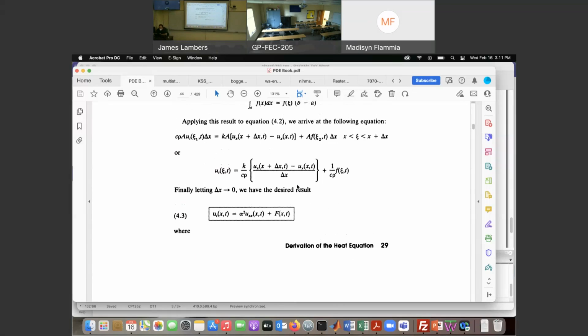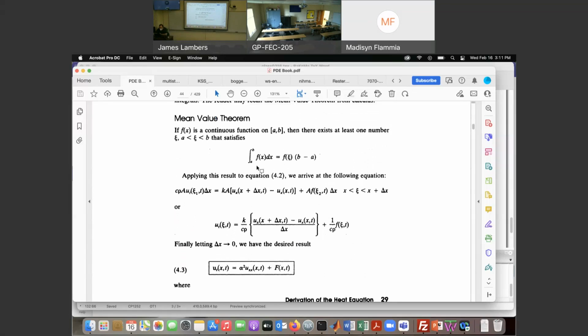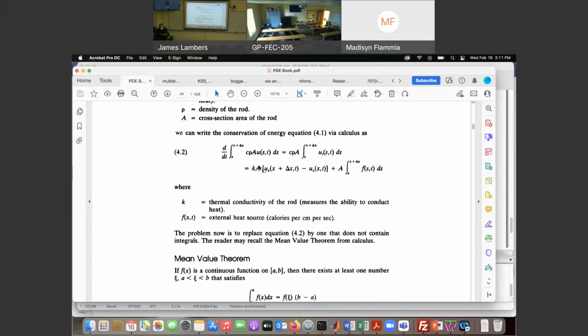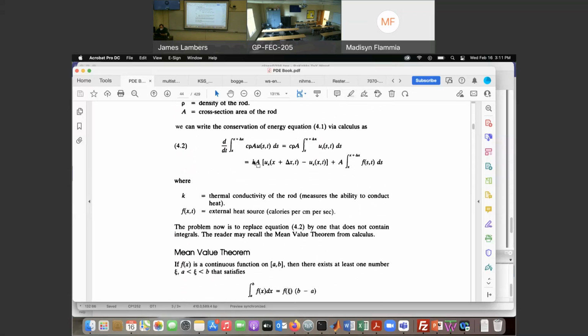Because k should never be outside of parentheses in the first place. In this situation here, yes, but not when k is a function of x, you don't get k out here. You'll have k of x plus delta x multiplying this, and then just plain old k of x multiplying this. I see. Okay. Yeah.